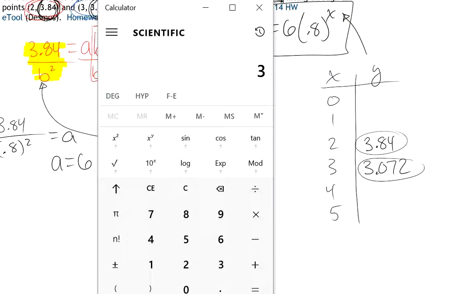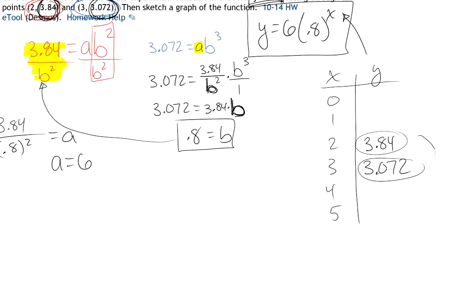If I take the 3.072 and divide it by 3.84, I'll understand what I multiplied 3.84 by to move forward. So let's take the second number, 3.072, and divide that by 3.84. And you can see that I get 8/10. So as I move forward here, I'm multiplying by 0.8 each time. And I could extend this list by continuing to multiply by 0.8.